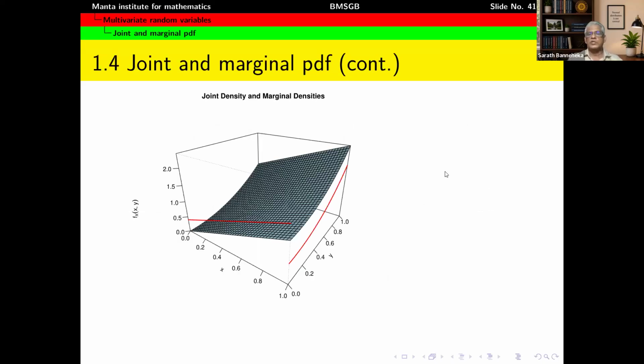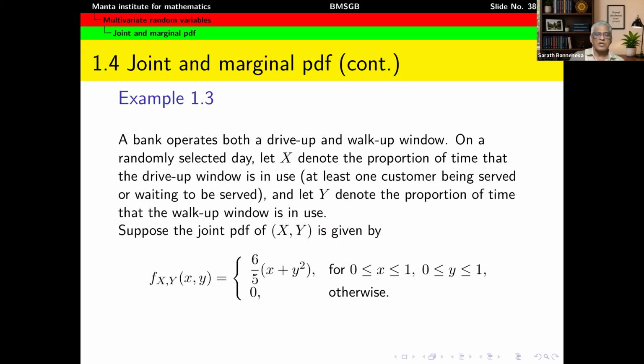So if I draw the joint density function, this is the surface that I get. As I mentioned, it's over the whole square here, 0 to 1, and then from 0 to 1 here. But if you look at this function, it's linear in terms of x, but quadratic in terms of y.